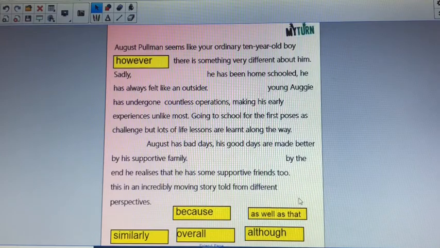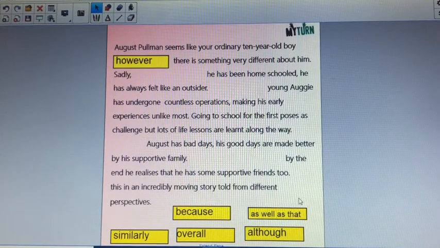Sadly, blank. He has been homeschooled. He has always felt like an outsider. That straight away says to me that a causal conjunction is needed, because it's explaining, it's giving you a reason why, and it's giving you a consequence of why he might feel like an outsider.